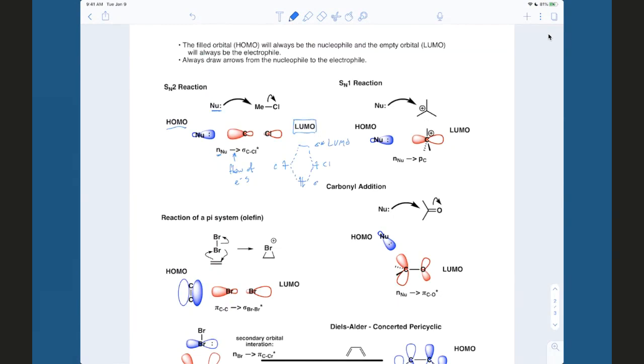Since we have a sigma bond breaking, it would correspond to a sigma star. While all of this sounds kind of complicated, generally what you're looking for is what orbital we are starting with and what type of bond is breaking, or what the unfilled orbital is that is being attacked by electrons. If we see a single bond breaking, it's going to be a sigma star.